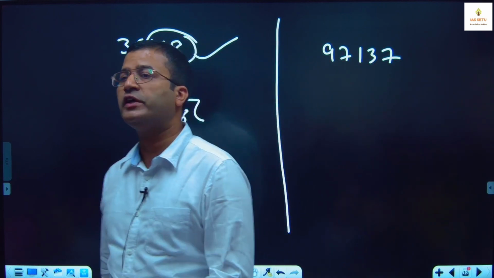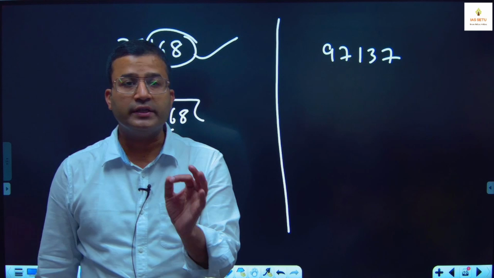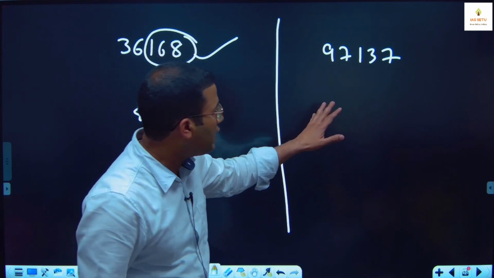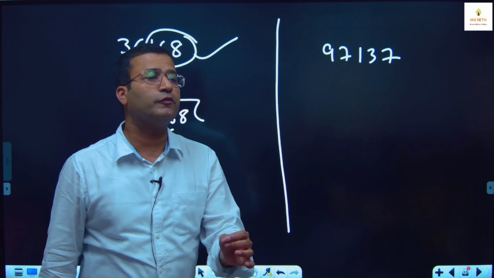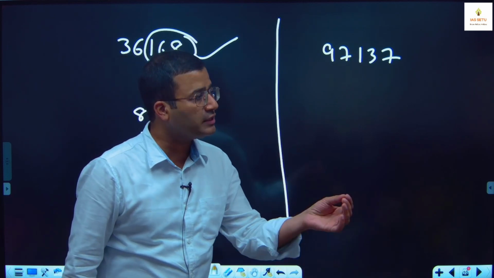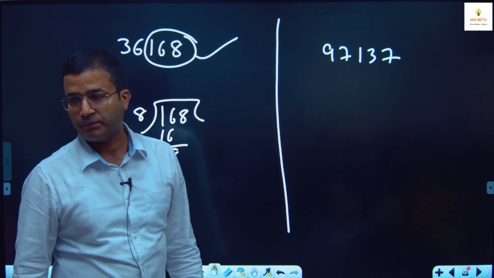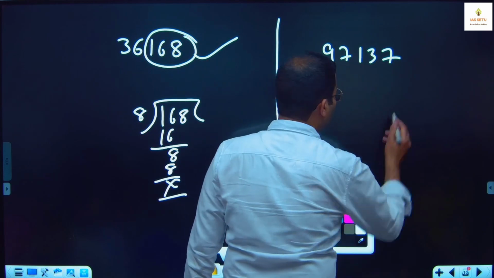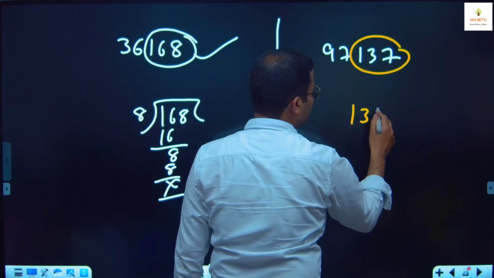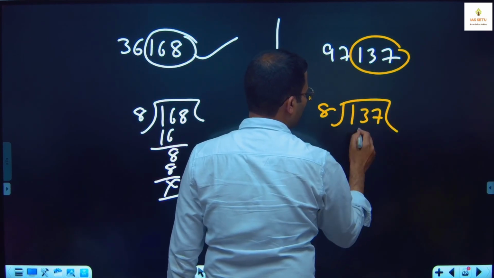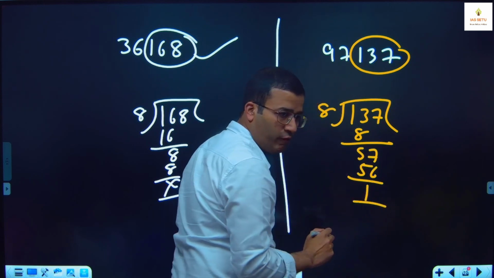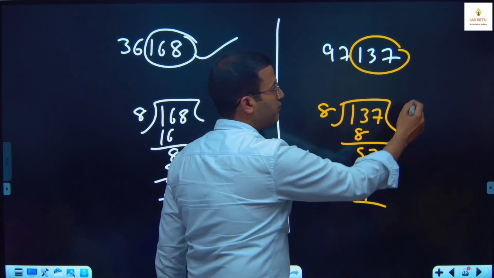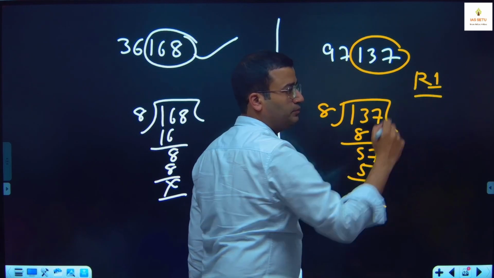No, then we need the remainder. Here the beauty is only the last 3 digits are sufficient to tell you if it is divisible. If no, then the last 3 digits are sufficient to give you the remainder. So you divide these last 3 digits by 8 and you get your remainder. What is your remainder? 1. So this complete number gives you remainder 1.